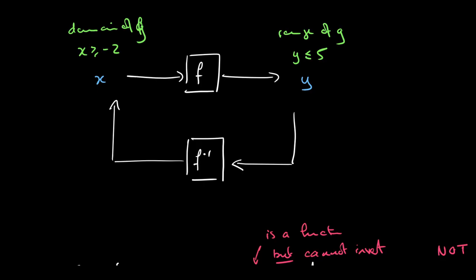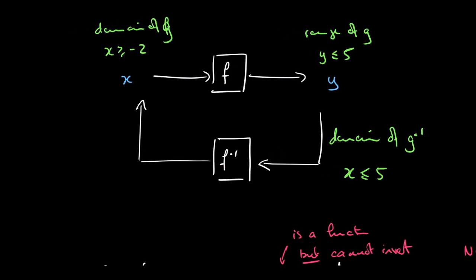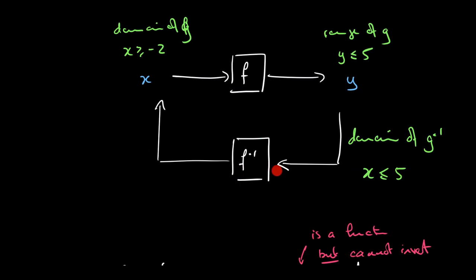So what's the domain of this inverse function? Well, it's got to be the same set of values. So in other words, we're going to have x is less than or equal to 5, because all the values that are less than or equal to 5 come out of g, so they've got to go back into the inverse function. And what outputs should we expect from the inverse function?